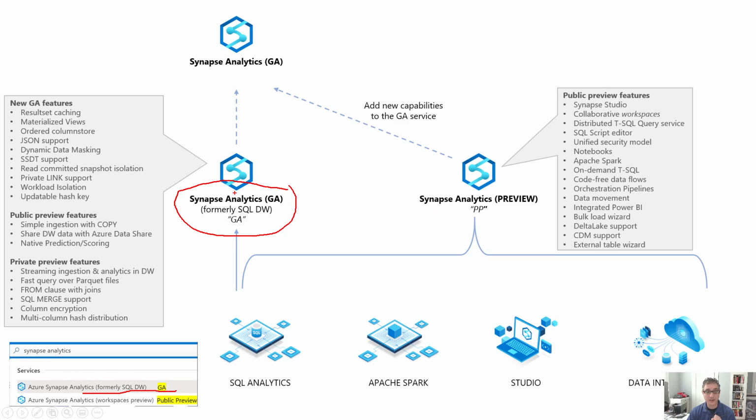While Synapse Analytics focuses on the relational database, now called a SQL pool, all those features that come from that SQL pool go into the product, and you'll see this is called a dedicated pool within the Synapse. In addition to that, the public preview has a lot more other options that we'll cover in the demo. So if you go into search in Synapse Analytics, you'll see this Workspace preview, and that's the public preview version. That's going to be the focus today.